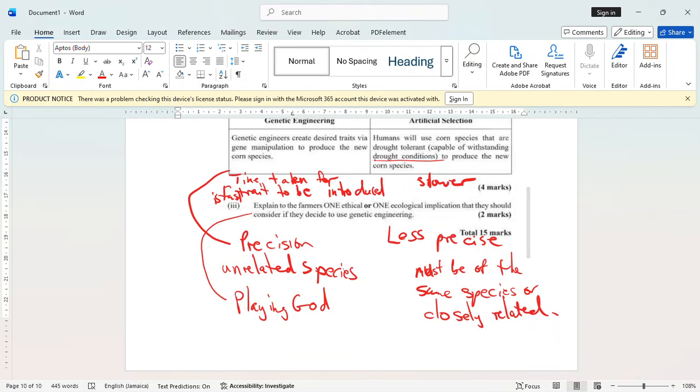Yeah, and that can create a problem. Some of these genetically modified corn actually cause death to bees, which are beneficial insects. So there can be implications along that line.